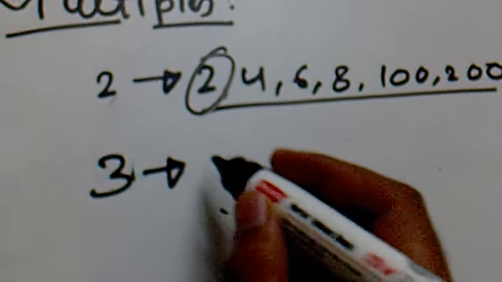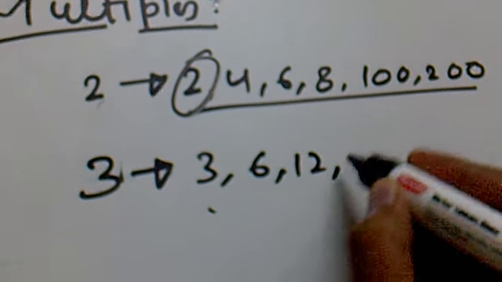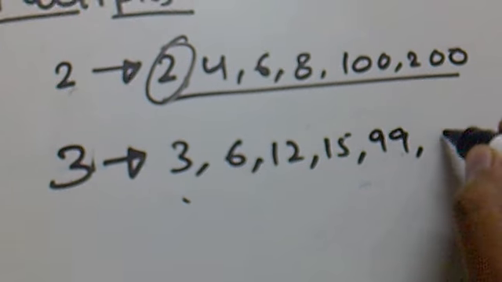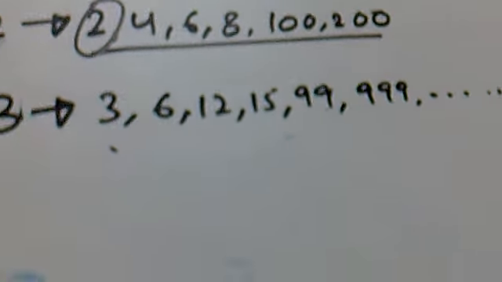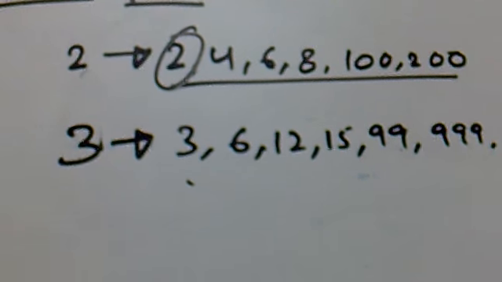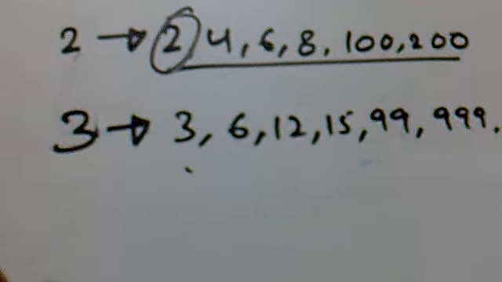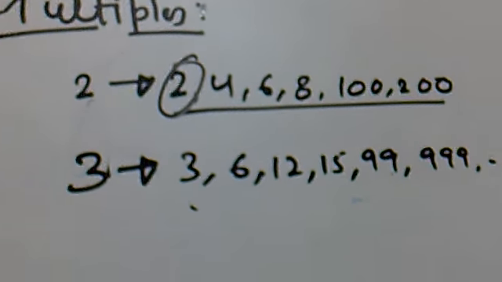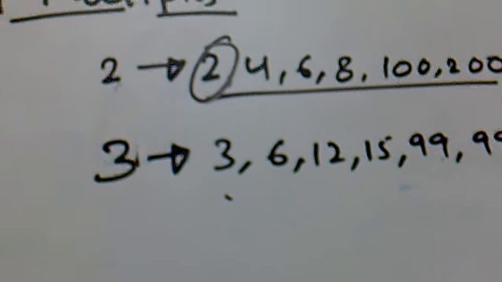So it is 3, 6, 12, 15 and 99, 999, anything that we can divide by 3. So we can say any integer has an infinite number of multiples. We can take any integer and write hundreds and hundreds of multiples of that number.